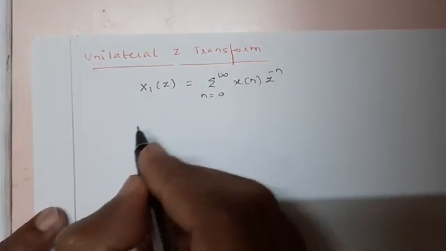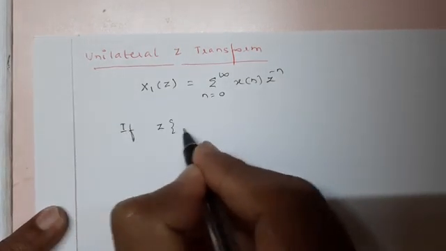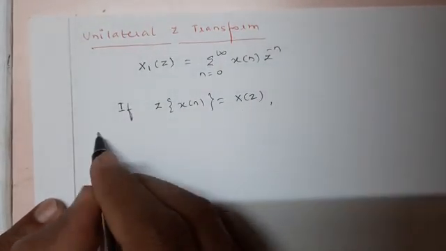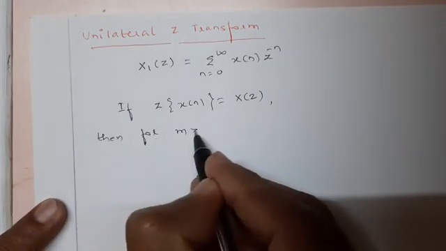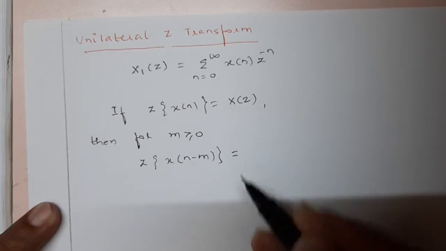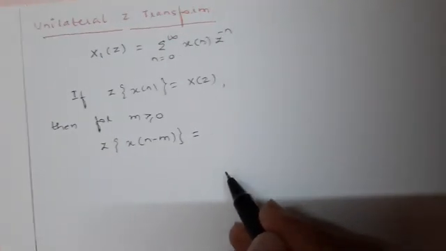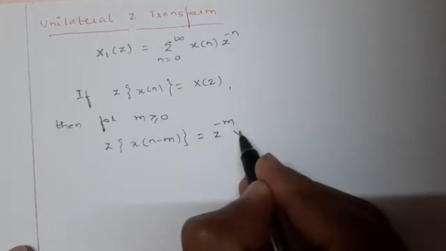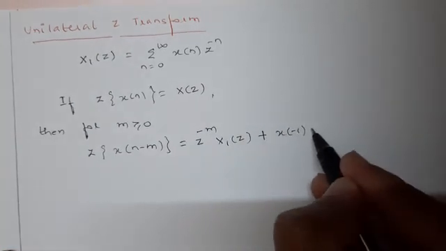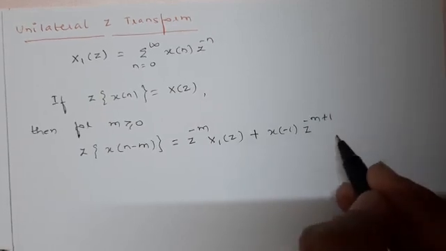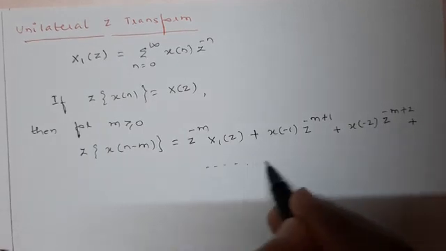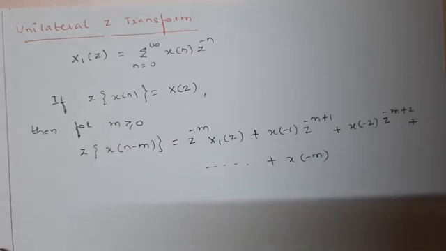That is, if the Z transform of x(n) is X(z), then for m greater than or equal to 0, the Z transform of x(n minus m) is equal to z to the power minus m X1(z) plus x(minus 1) z to the power minus m plus 1 plus x(minus 2) z to the power minus m plus 2 and so on till x(minus m).